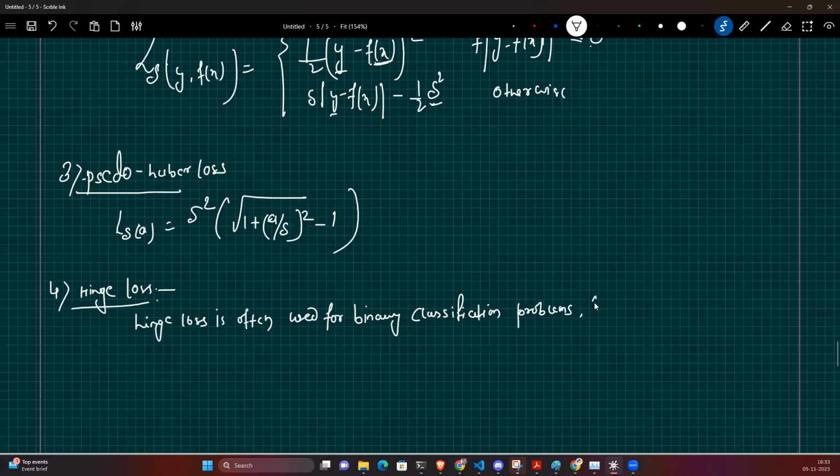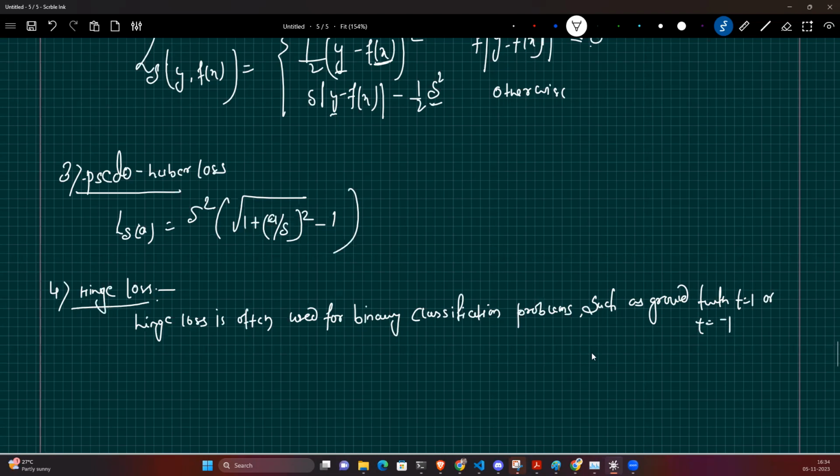Problems such as ground truth. Truth is equal to 1 or is equal to -1.